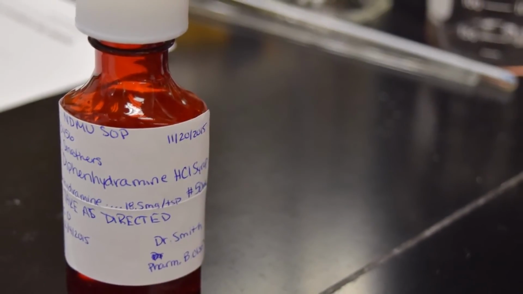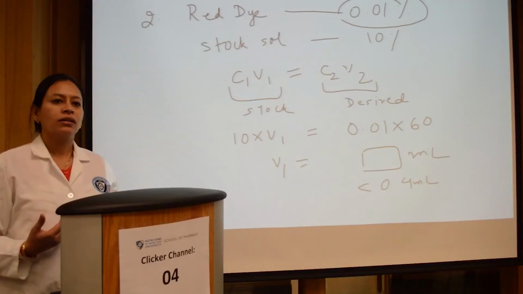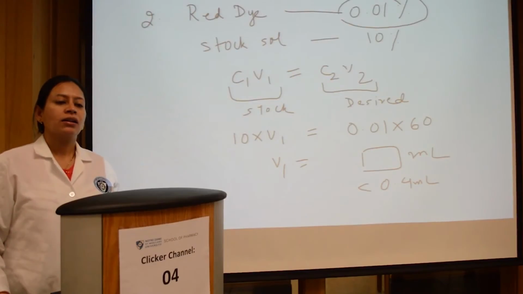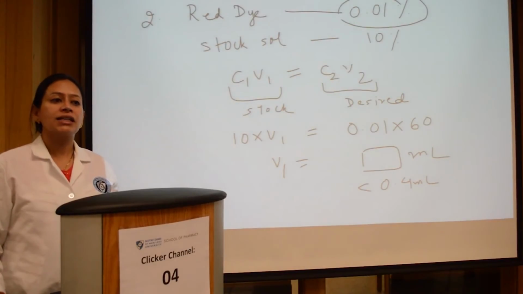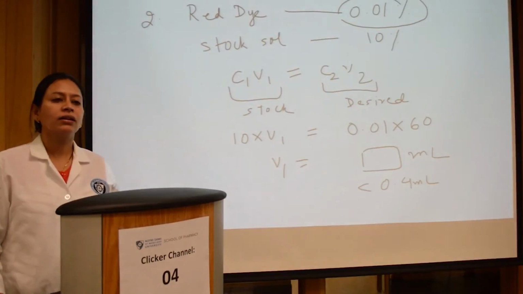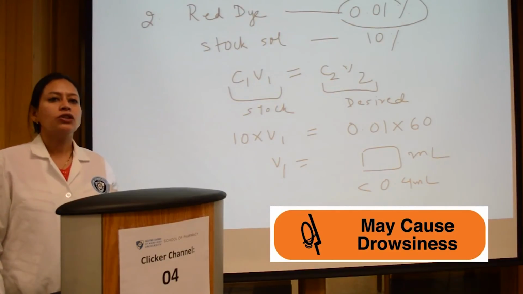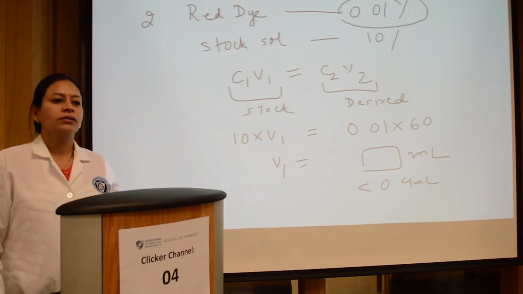We need to store this product in a cool and dry place. Because the product contains diphenhydramine hydrochloride, what is the property of this drug? It can cause drowsiness because of its antihistamine property. So you need to put that label as well. May cause drowsiness. Any questions?